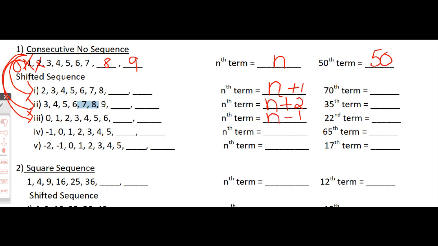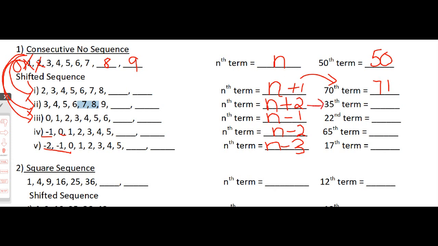In part 4, I've added 2 extra numbers. So I'll write n minus 2. And in the last part, I've added 3 extra numbers to the original sequence, which was 1, 2, 3, 4, 5. So I write n, which was the original sequence, minus 3. Now for this, the 70th term will be 70 plus 1, 71.